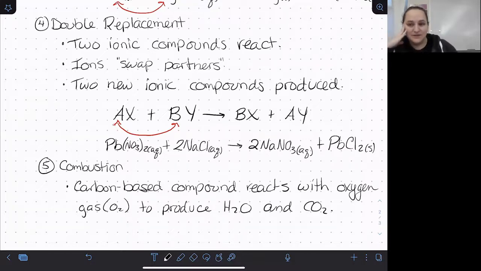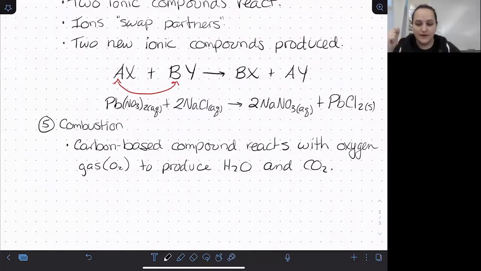So it is very, very specific in the reactants and products. The only thing that has any variance is what the carbon-based compound is. But other than that, you have something involving carbon reacting with oxygen to produce carbon dioxide and water, specifically, as your products.